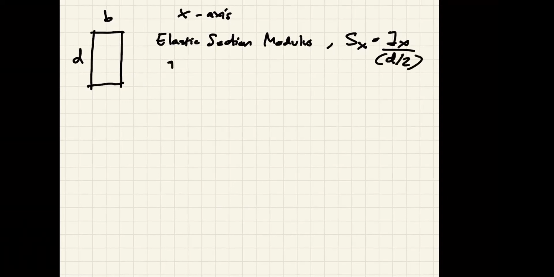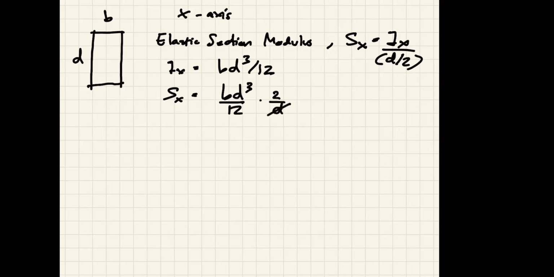And Ix, without further ado, is BD cubed over 12. So Sx is BD cubed over 12 divided by D over 2. So that's 2, that's 6. So you have BD squared over 6. That's the elastic section modulus of any rectangle. So keep that in mind.